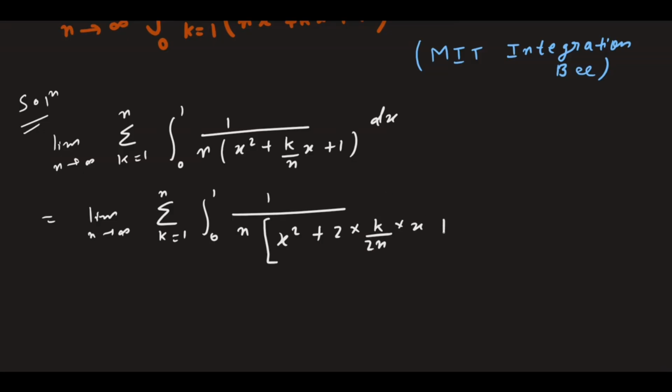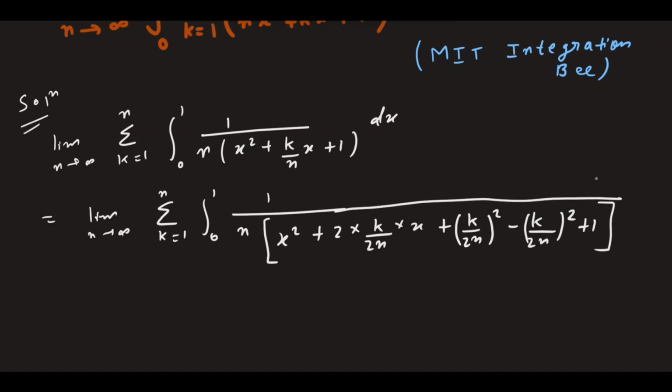Then I have to add and subtract k by 2n whole square, minus k by 2n whole square, then plus 1. And we have dx.